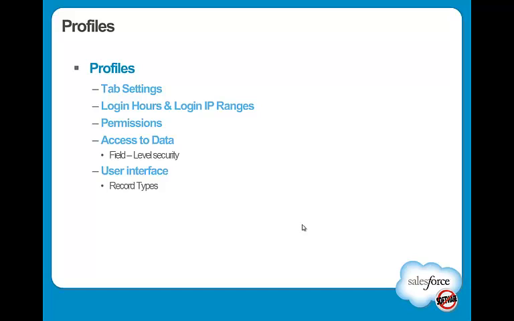Then we have something called permissions. I will take you through the permissions in a while. We'll go through the screen related to the permissions. They are divided into general user permissions, administrative permissions, and standard and custom objects CRUD permissions, that is create, read, update, and delete permissions, as they are known. Then we have access to the data.